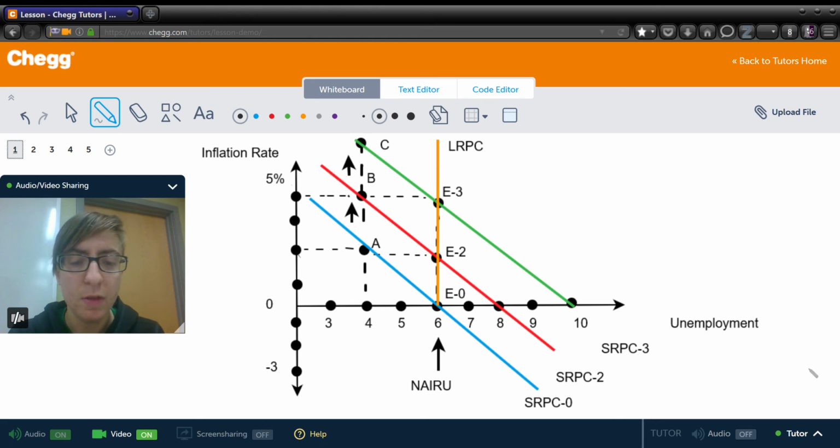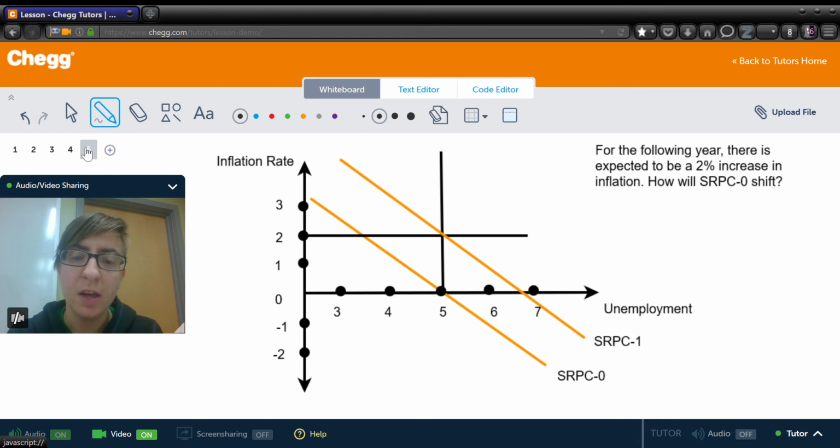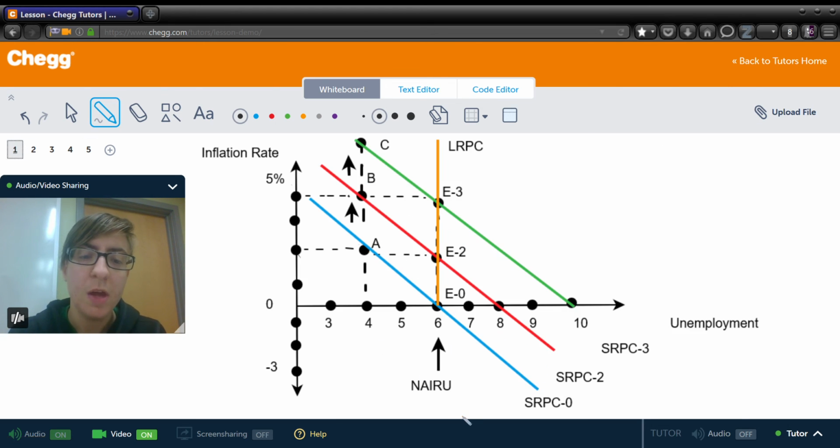So this first line, SRPC0, is just like our first line here, SRPC0. That is our starting point. Then there was a 1% increase in inflation. So we went from SRPC0 to SRPC2, as you can see from this line here.